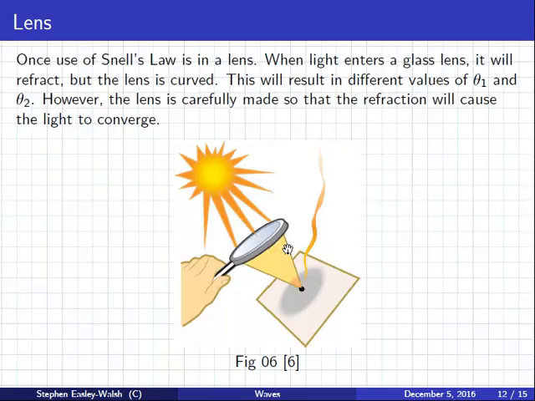This is the idea behind lenses. In fact, all the lens is doing is refracting the light in a special way to cause it to converge and meet at one point. So this is one application of refraction: making lenses. You can write that down.